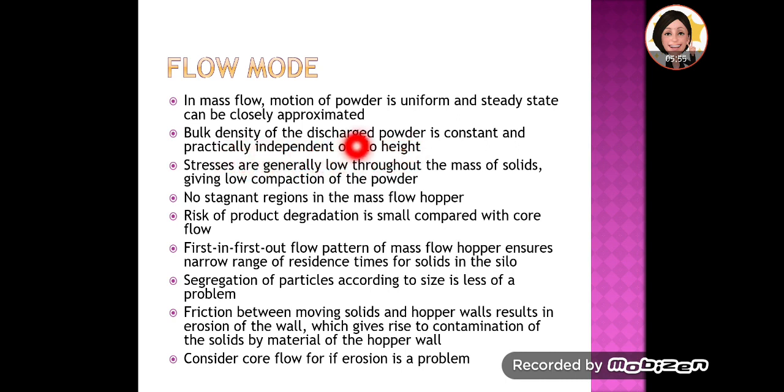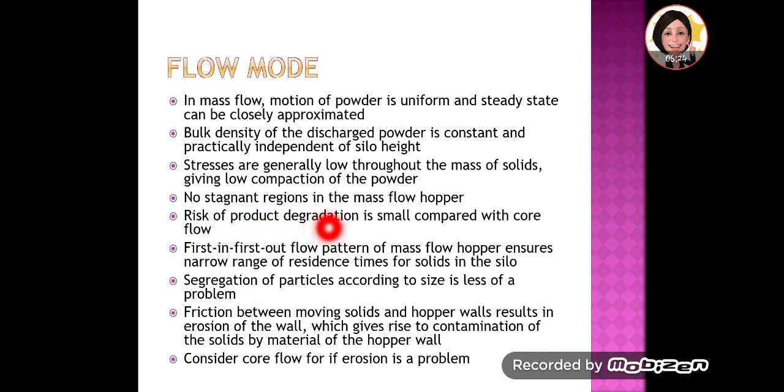Stresses among the solids are low, so there is low compaction of powder, which allows smooth movement of powders. There are no stagnant regions in a mass flow, and the risk of product degradation is also small compared with core flow.